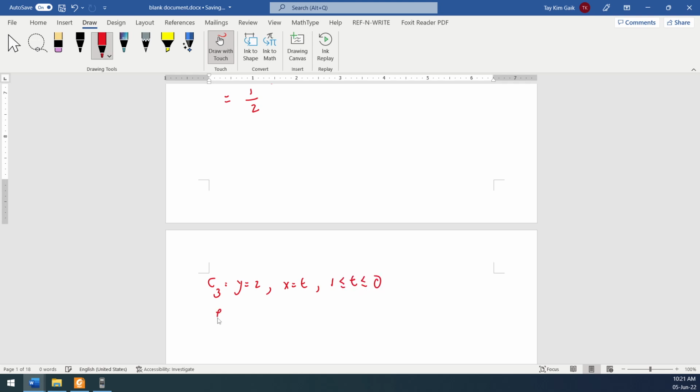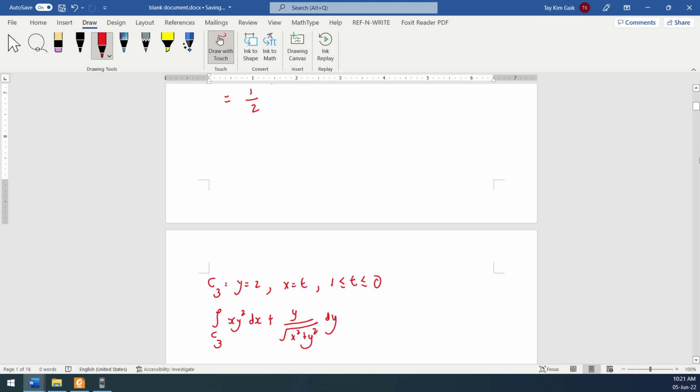Now you evaluate curve C3, where the line integral is x y squared dx plus y over the square root of x squared plus y squared dy. Doctor, why is the limit 1 to 0?